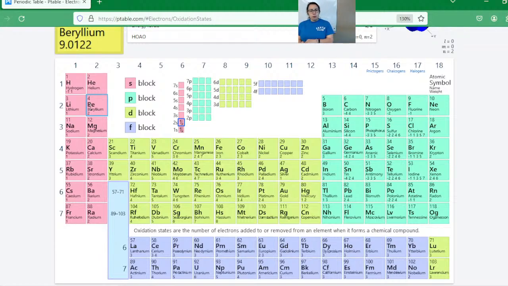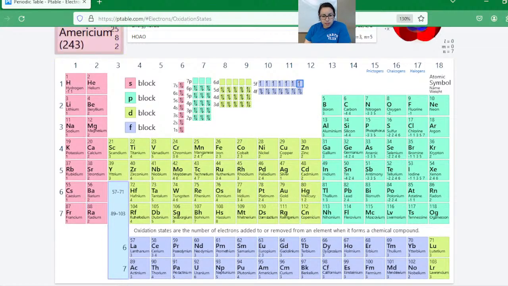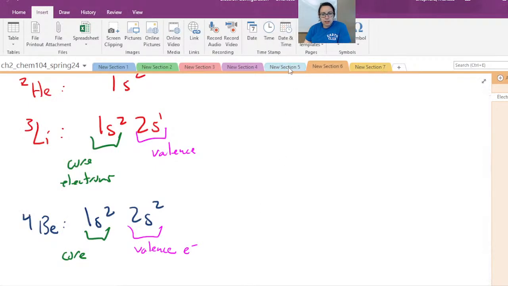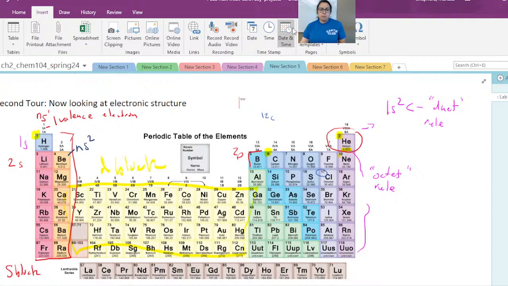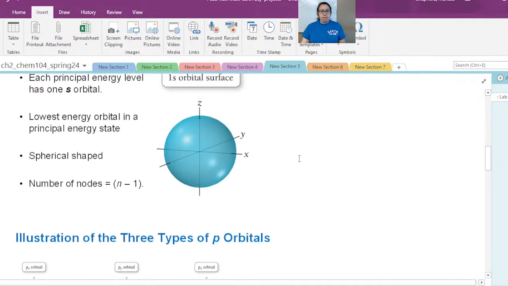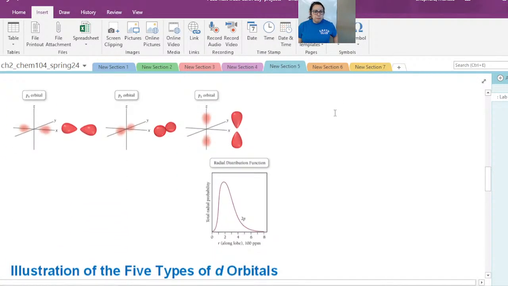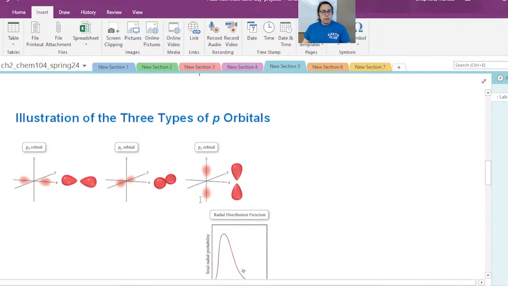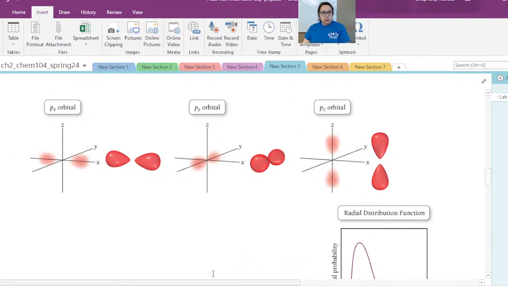Now let's figure out where to go from here, because we want to continue filling in numerically. The next number would be boron, which takes us to our P block. So let's step back. What is a P orbital? Our P orbitals look like these little dumbbell shapes.